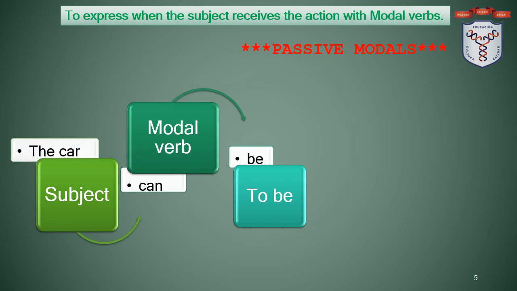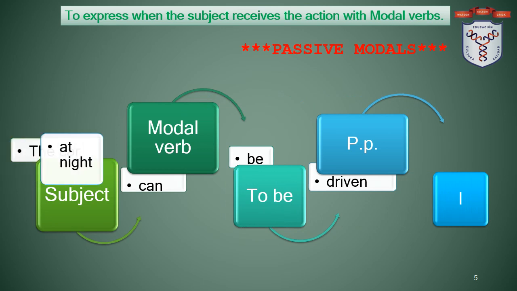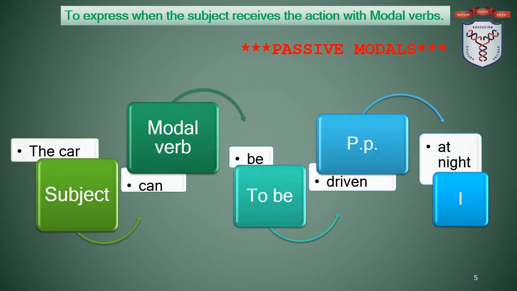The car can be. You need the verb in past participle, driven. Maybe the information, at 9. I repeat the pattern. You need the subject, modal verb, verb to be, past participle, and the information.